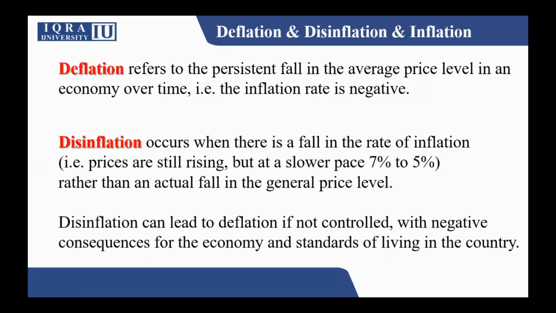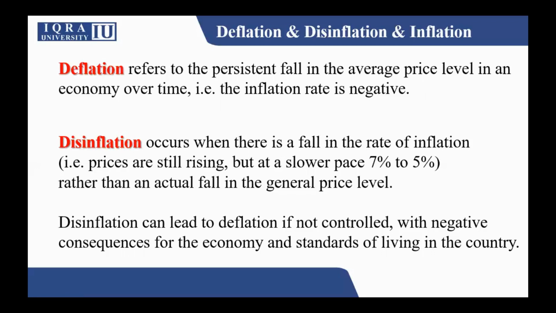While in disinflation, there is a slowdown in the rate of inflation. It occurs when there is a fall in the rate of inflation. Prices are still rising, but at a slower pace, for example, 7% to 5%.